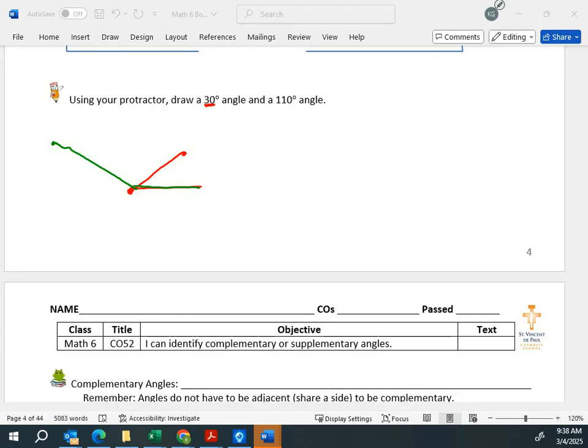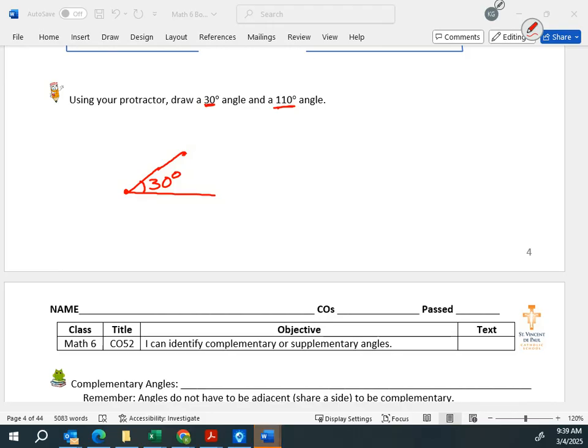So because we're drawing 2 angles here, I want you to label that 30 degrees right there. If you put the degree inside the angle, we know that's the measurement of this angle. So I know that's your 30-degree angle. Now you have to do the same thing for 110 degrees.